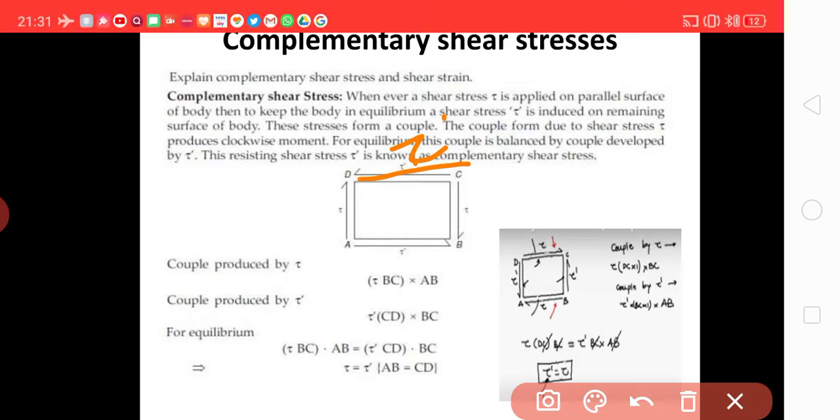The force into arm becomes a couple. So equate them with each other: tau into BC into AB equal to tau dash into CD into BC. Hence AB is equal to CD, so you can say tau equals tau dash. So the complementary shear stress will be equal to the linear or normal shear stress.